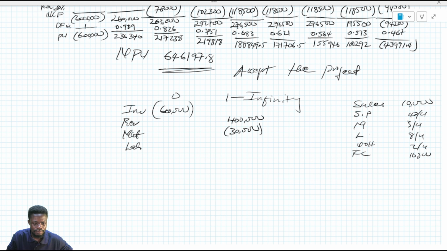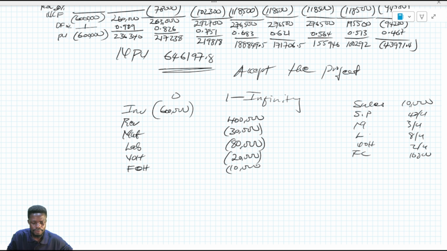Labor, 80,000. And after labor you have variable overheads, 20,000. And fixed overheads, 10,000.